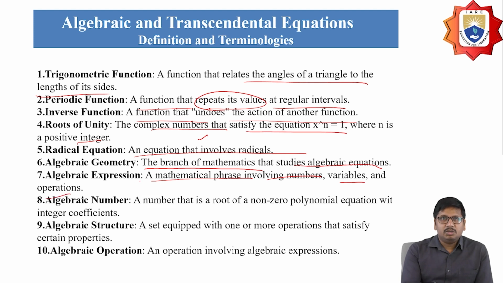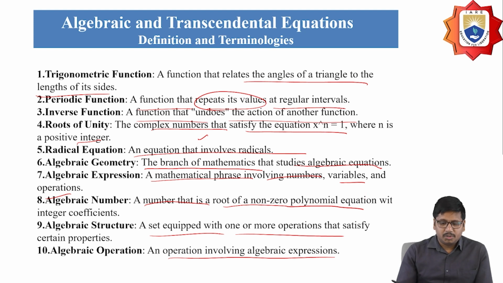An algebraic number means a number that is the root of a non-zero polynomial equation with integer coefficients. An algebraic structure means a set equipped with one or more operations that satisfy certain properties. And an algebraic operation means an operation that involves algebraic expressions.